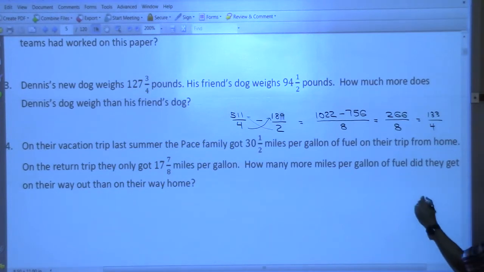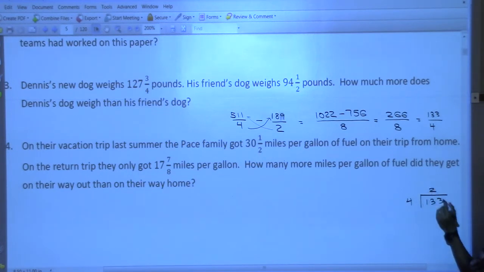So this is where you do that old school division like this. You try and see how many times it goes in. So 4 doesn't go into 1, goes into 13 three times. 3 times 4 is 12. I'm left with 1 when I subtract, and then a 3.